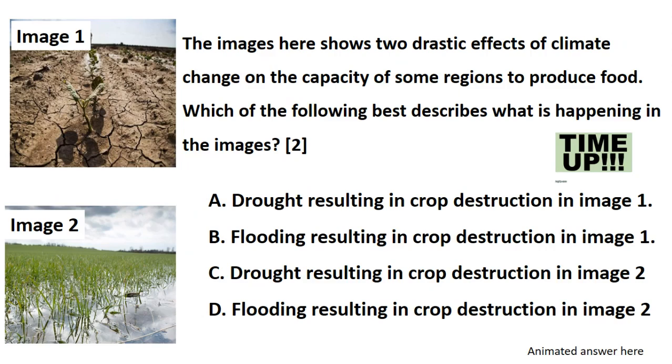So there are 2 images here which show drastic effects of climate change. One is affected by drought, the other one is affected by flooding. So our answer will be A and D. Because image 1 is showing drought, which is resulting in crop destruction, and image 2 is showing flooding, which is also resulting in crop destruction. B and C are wrong, so the answer is A and D.